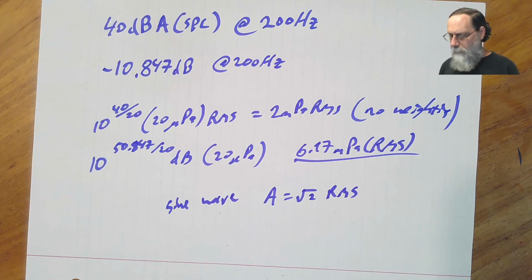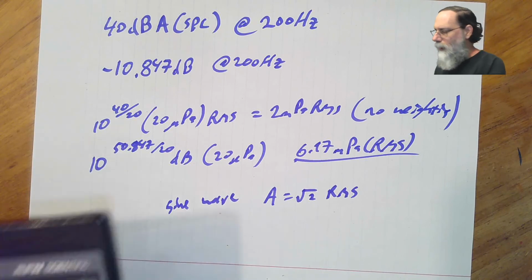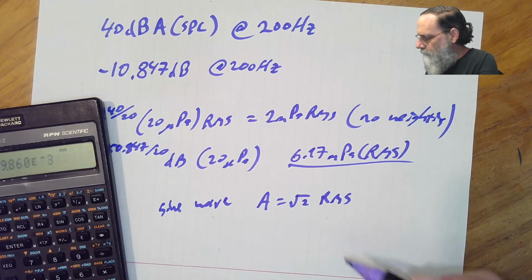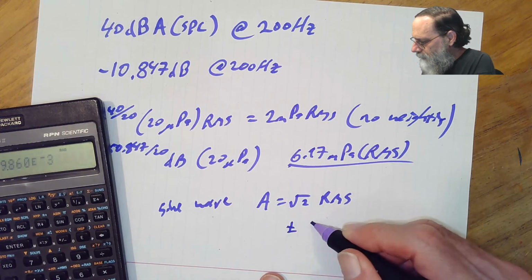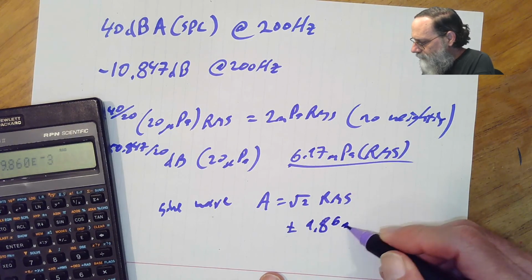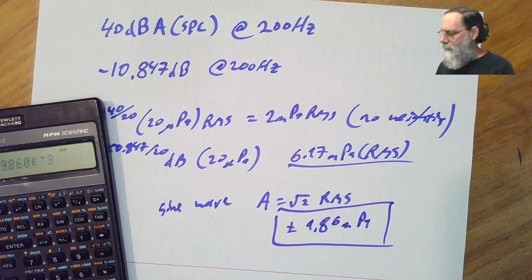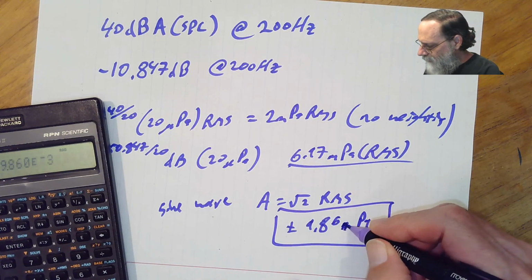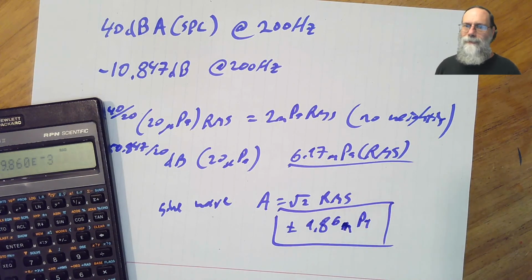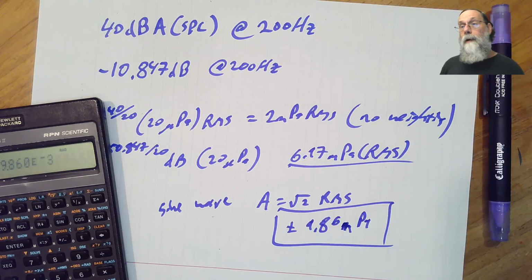Okay, so if we multiply this by square root of 2, I now get plus or minus 9.86 millipascals as the amplitude. And that's a milli here, not a micro or anything else. Okay, so we're looking at about 10 millipascals.